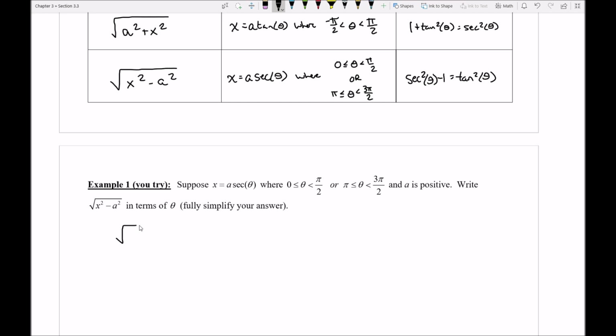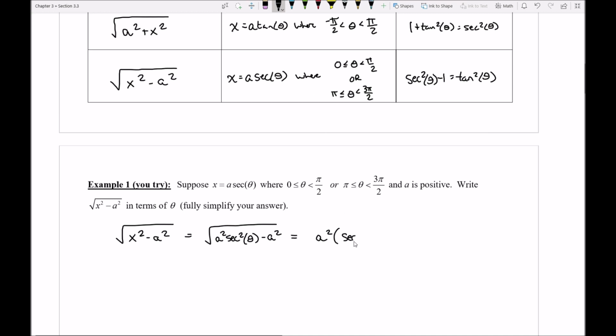All right, so if I was working on this and I made my substitution, notice that that would produce for me a squared secant squared theta minus a squared. That a squared is now a common factor that I can pull out. Oops, I wrote this down in the wrong order.